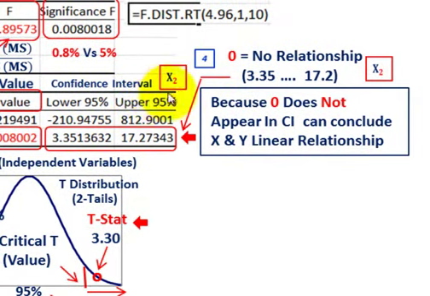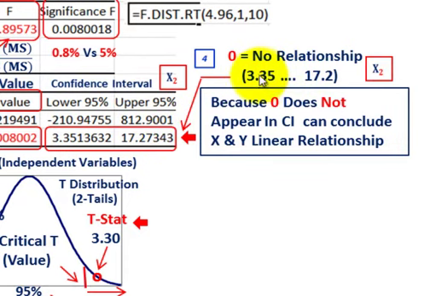And again, what you want to be looking for is to see if you got a 0 in that range here. So if we would have come up with, say, a minus 3.35 here, and then there was a 0 in that range up to 17, then we would have failed the test here. If you got a 0 value in that range, that is, your lower bound is less than 0 and of course your upper bound would be greater than 0, then you would have no relationship.